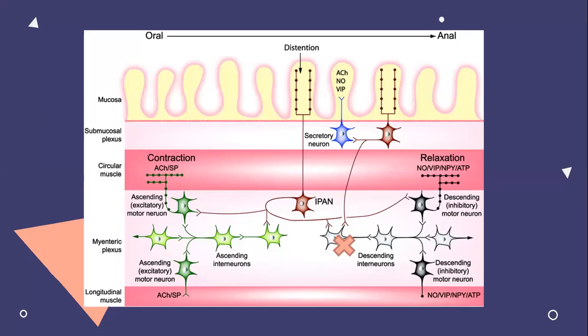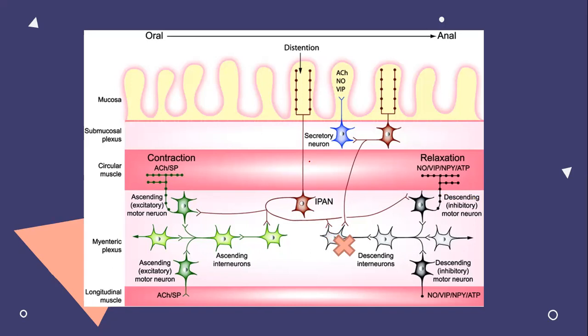So when the food is going down, right? Like here we have the direction from oral to anal, right? That is the normal progression of food, right? So when the food is going down its normal way, these neurons, which are the interneurons, descend down to the lower esophageal sphincter and make it relax.